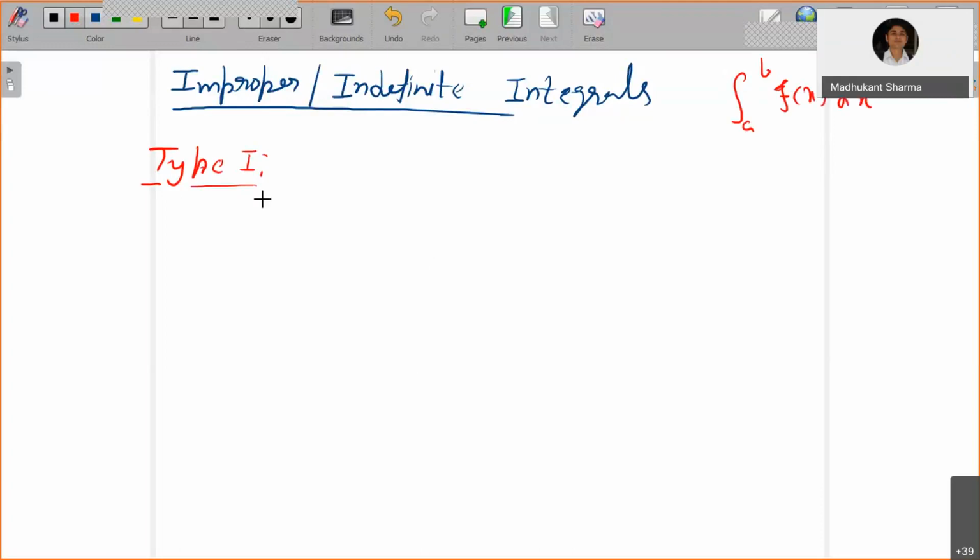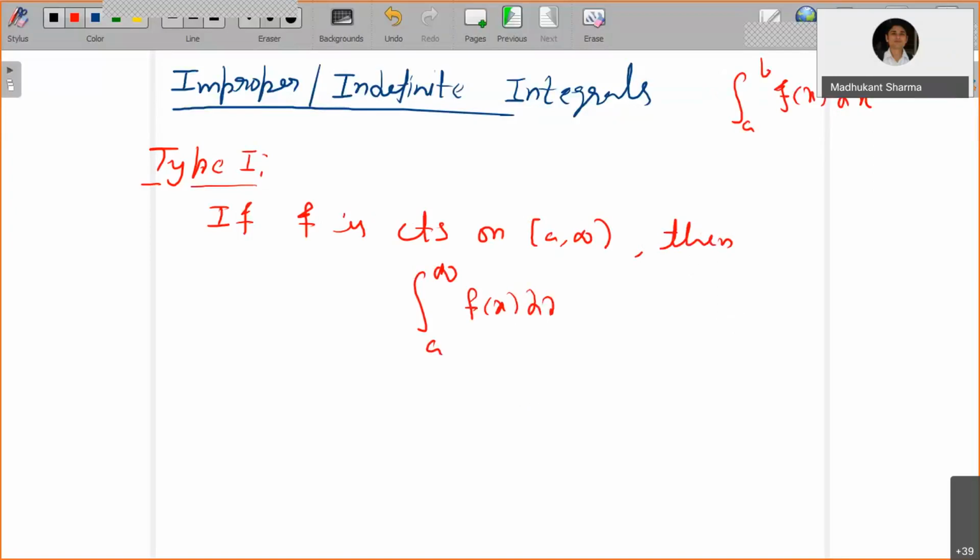Now, if f is continuous on a to infinity, so one of the limits is infinite, how will you evaluate integration a to infinity of f of x dx? By taking the limit as b tends to infinity of integration a to b of f of x dx.